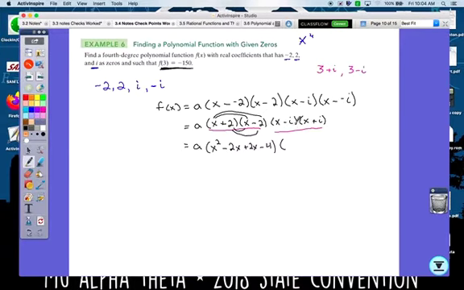All right, and I'm going to do my imaginaries. Make sure you pair up the imaginary ones. Makes it easier. x times x gives me x squared. x times i gives me ix. Negative i times x gives me minus ix. And negative i times i gives me a negative i squared.